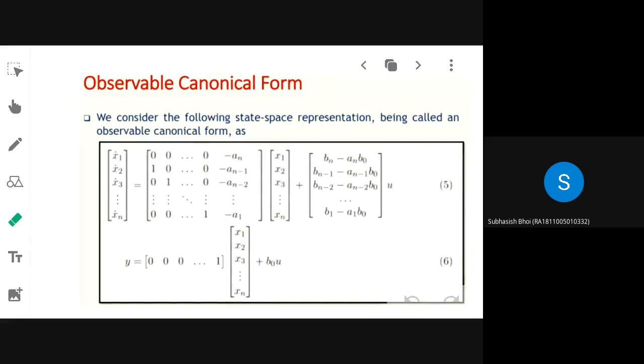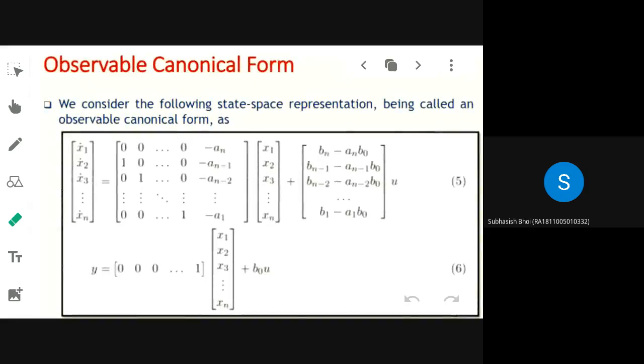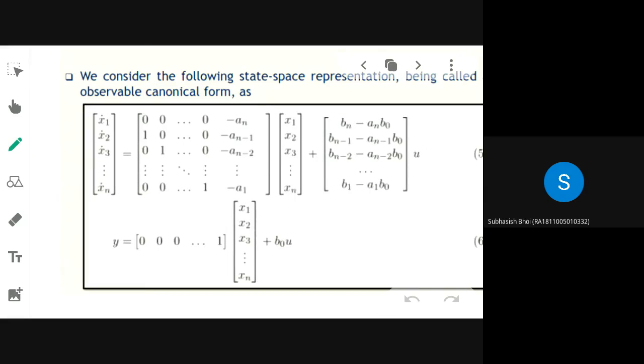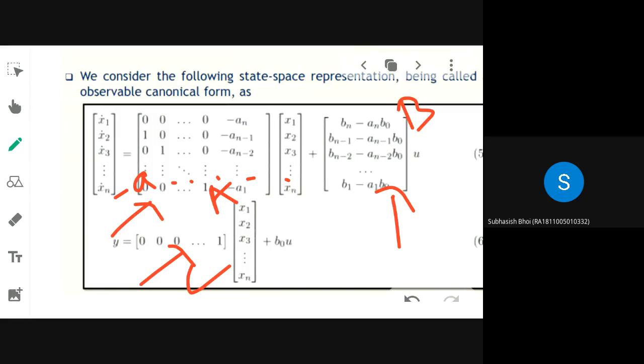Now if it is to be represented in observable canonical form, you can easily observe whether the A matrices are different or the same. Are the A matrix, B matrix and C matrix all different from the controllable canonical form, or are they the same? In the controllable canonical form you have the a coefficients, but in the observable form it differs a little bit.